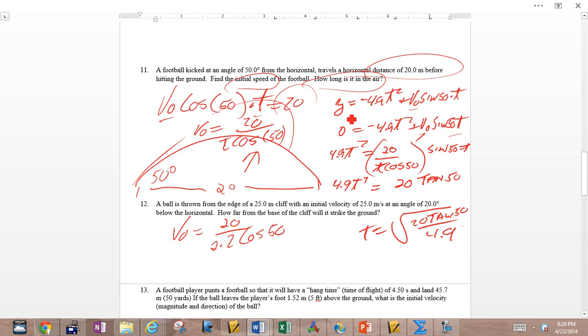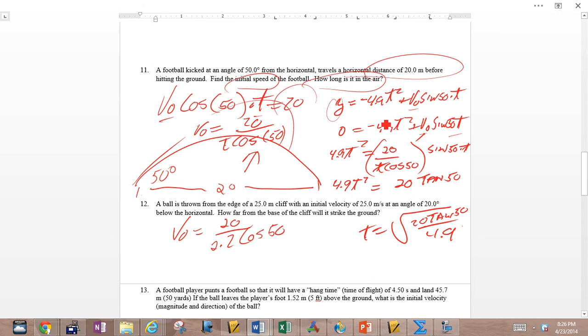The equation in y: leaving ground at 0 and hitting back to ground at 0 means y is equal to 0, and h sub 0 is equal to 0. The total time in the air is when it hits the ground again, so that's when y is equal to 0. Both of these equations have an unknown, the velocity and the time, so we have to do a system of equations. This v0 cosine 50 times t equals 20 can be solved for v sub 0 simply by dividing 20 by t cosine of 50.